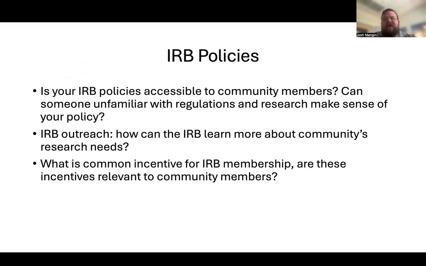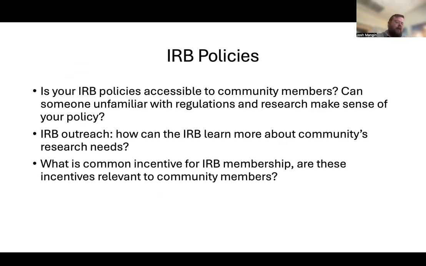If our policies can't be updated to be more accessible, then I think we take the onus on the IRB. We need to take an active role to find a way to interpret and communicate those policies to community members that is accessible. No different than the thing that we require our PIs to do for the informed consent process.